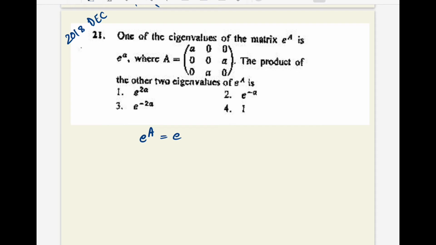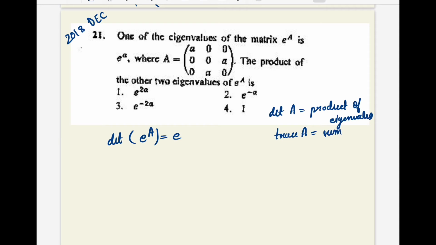If we take the determinant of e to the power A, what we know is that the determinant of any matrix is the product of eigenvalues, and the trace of A is the sum of the eigenvalues.